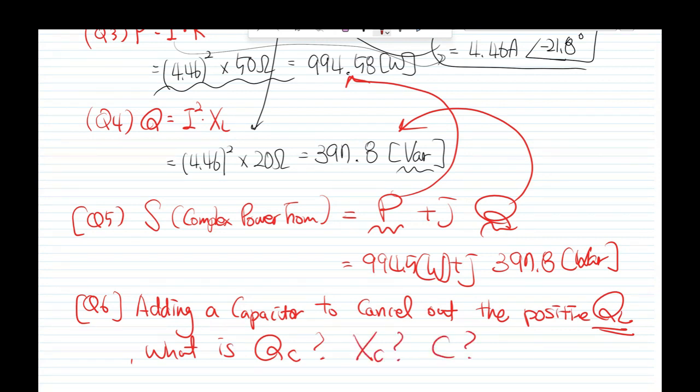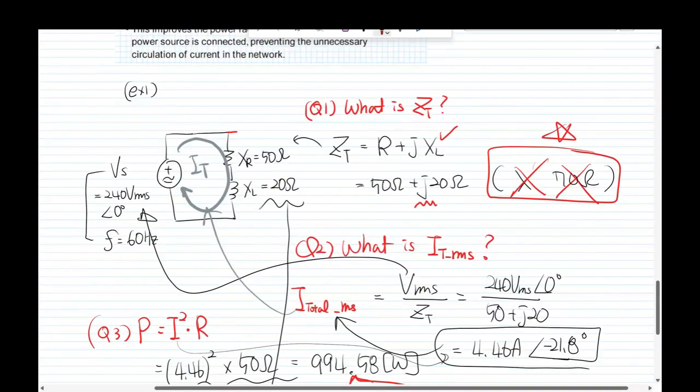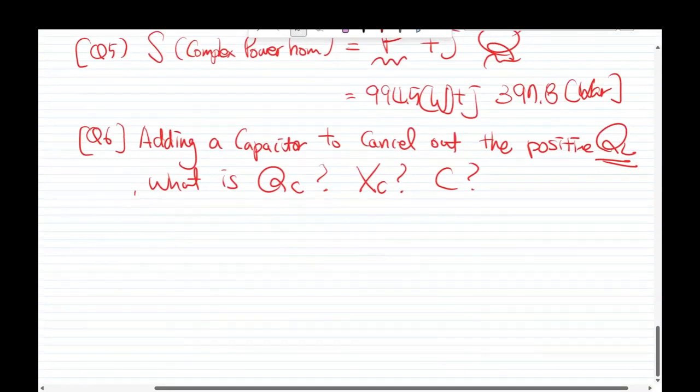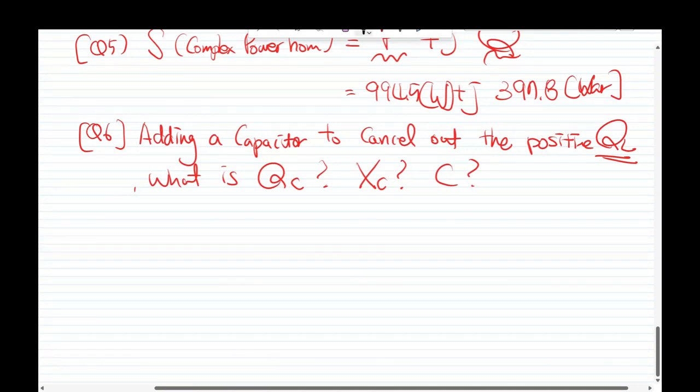So go back to the circuit here. What is the C finally? Because Q sub L and Q sub C cancel out the reactive power components of this circuit. That improves the power factor to make it 1.